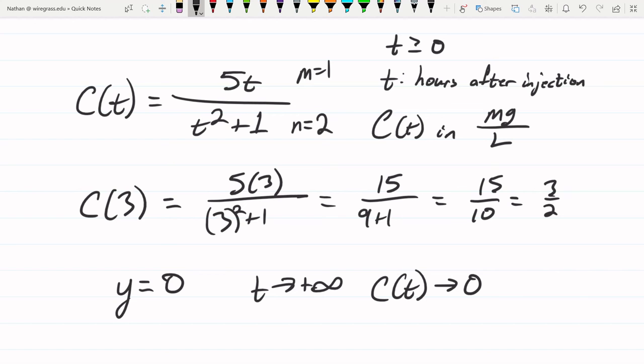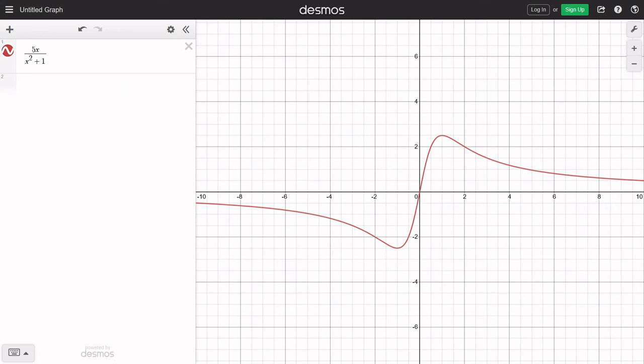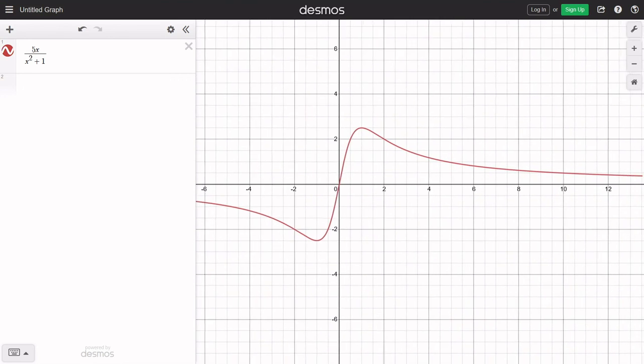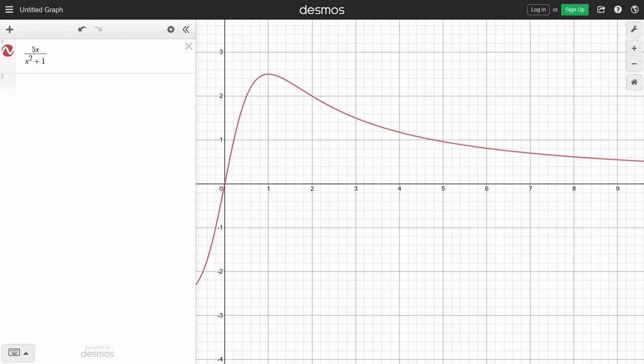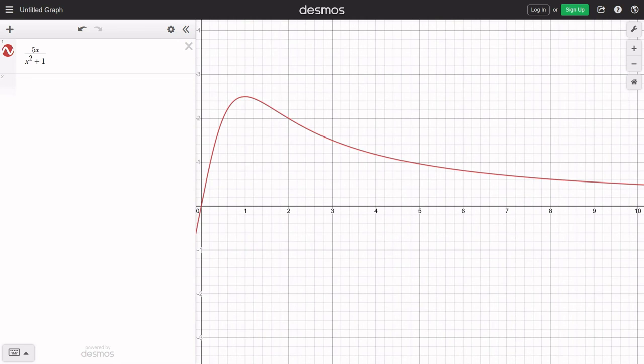Let's take a look at the graph just to show the point. So here is the function graphed. And again, we're not worried about anything less than 0. That doesn't make sense for a physical application involving time. You can see it spikes in the beginning. I guess that's where the drug is being distributed all throughout the body. And then as it gets absorbed and breaks down, it slowly decreases.